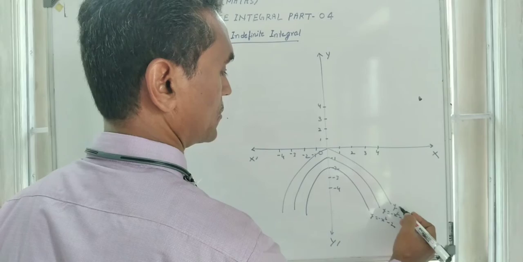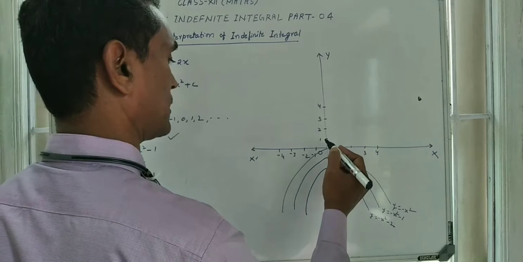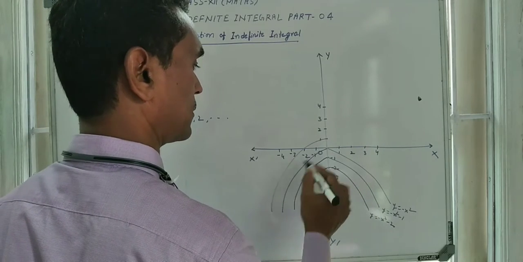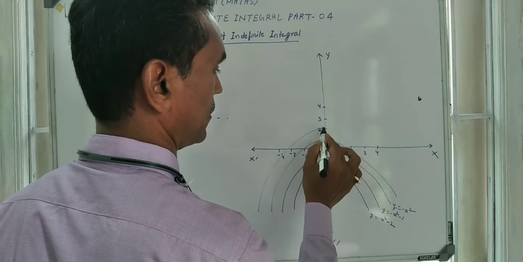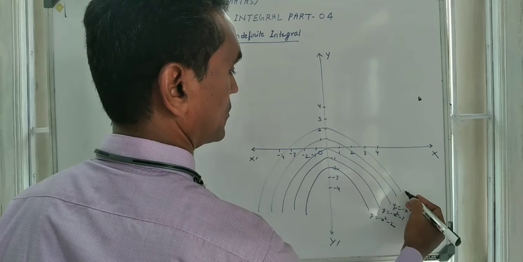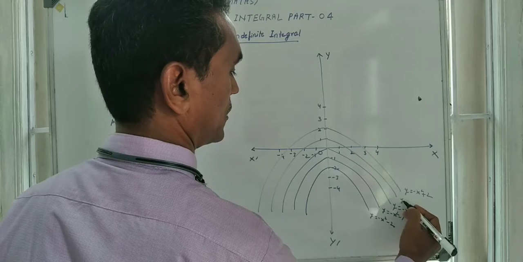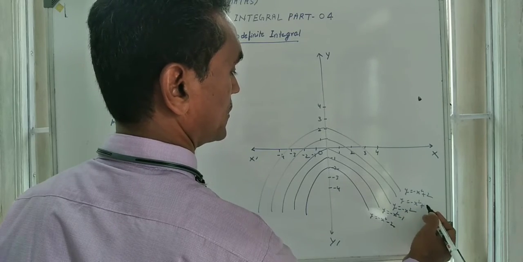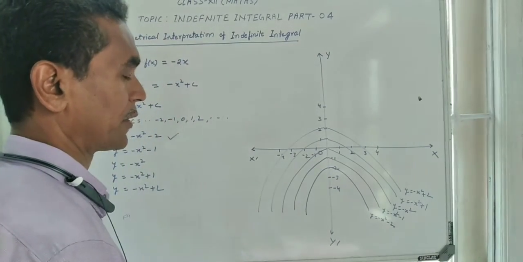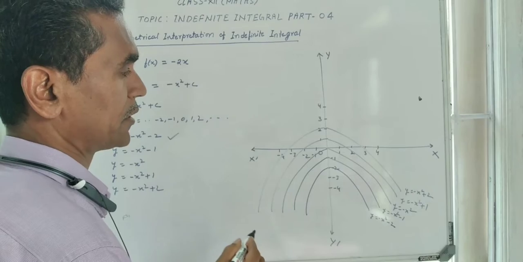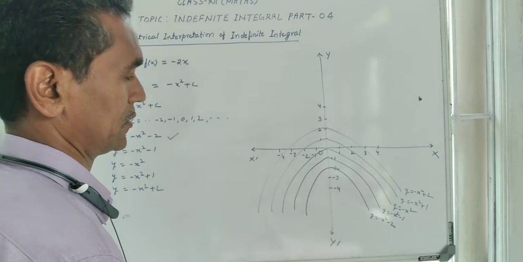Now minus x square plus 1, and this is y equals minus x square plus 2. So here we got 5 different curves. All are symmetrical about this vertical axis, the y-axis.